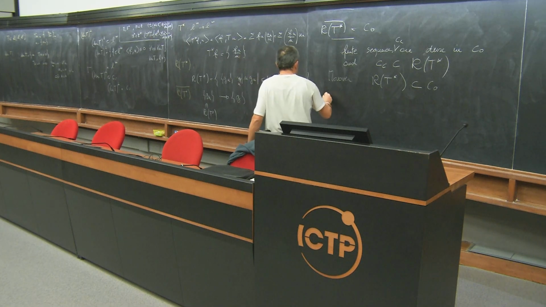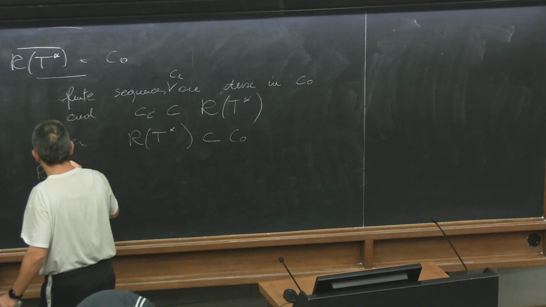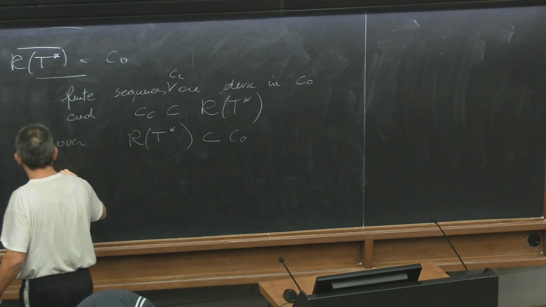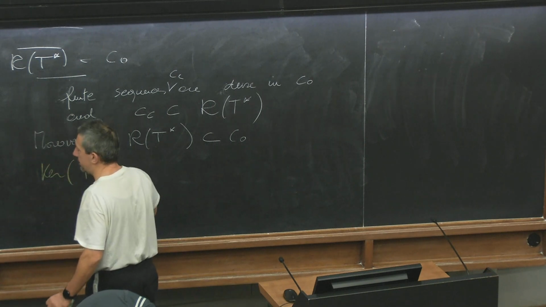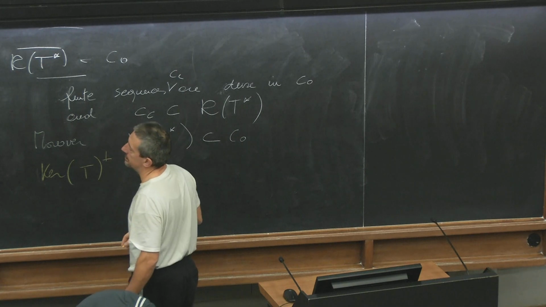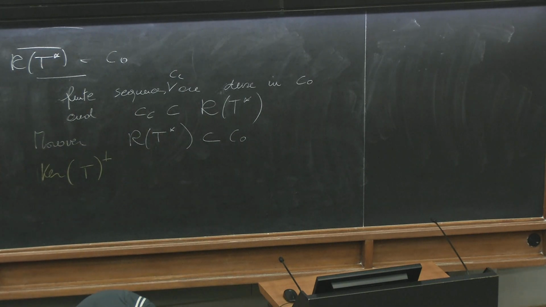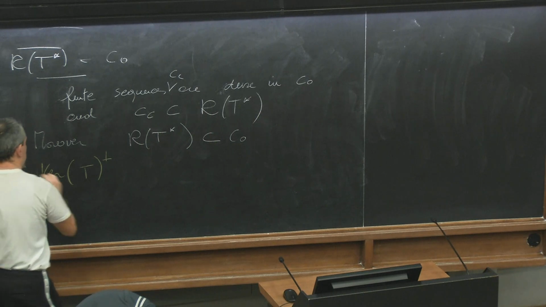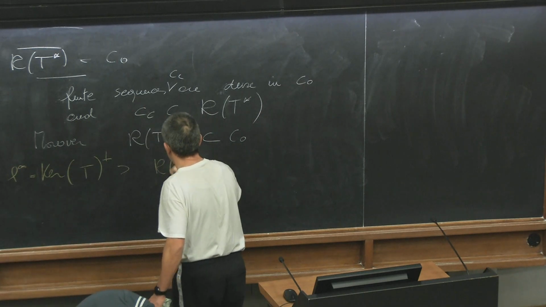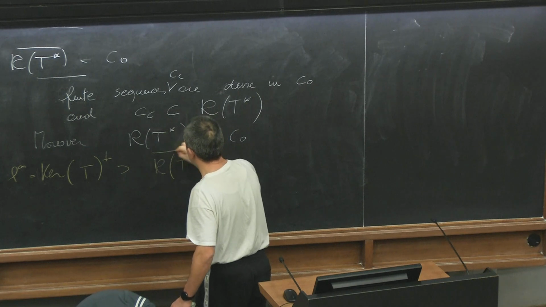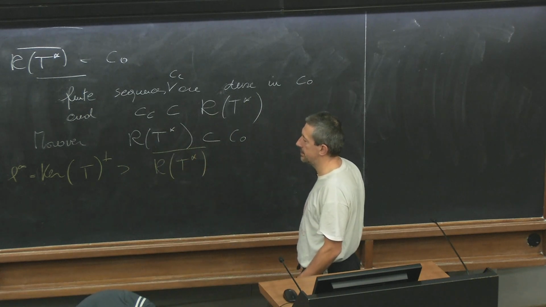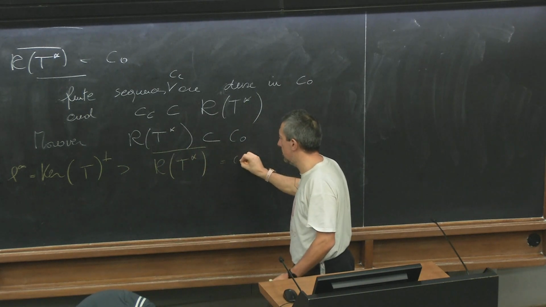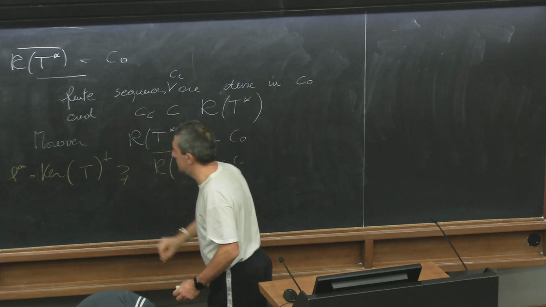So the theory is that the kernel of T orthogonal, which is L infinity here, contains the range of T star closed, which is C0. And in our case, it is different.